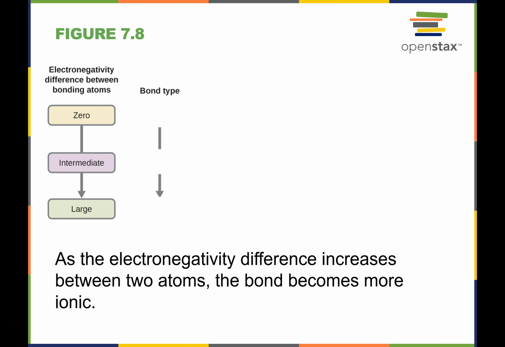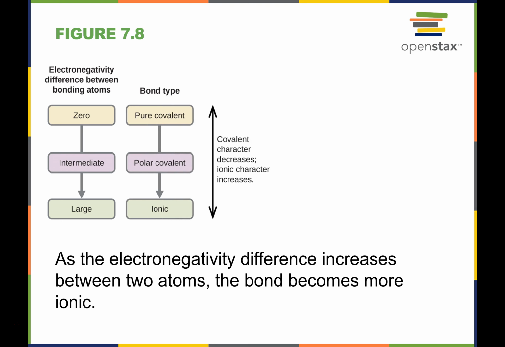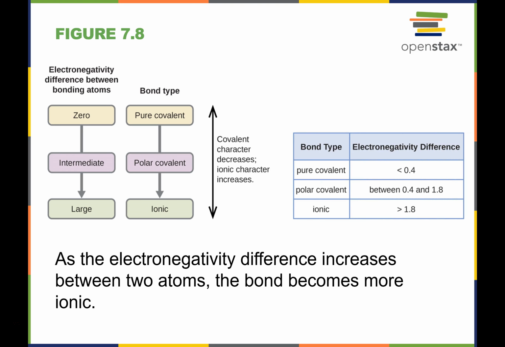So to recap, this is a Chem 1 thing. We have this increasing polarity. If you do the subtraction and you get an electronegativity difference of 0.4 or less, even if it's 0.4, that separation, that partial negative, partial positive, is basically negligible, to the point that we're going to call that a pure covalent, non-polar bond.